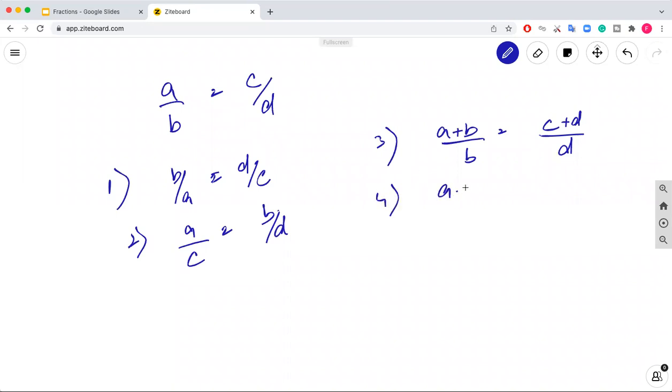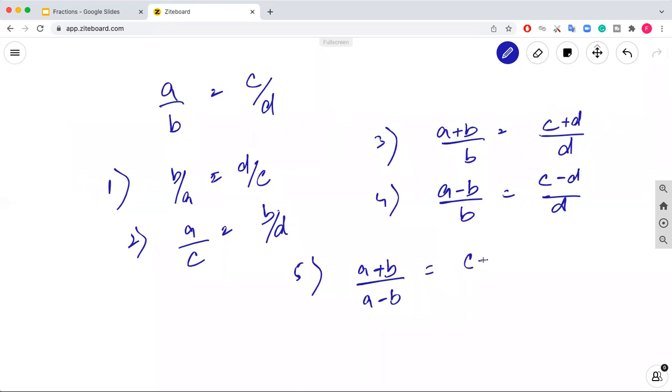And we can also write this as A minus B over B is equal to C minus D over D. And the last thing is, we can also write this as A plus B over A minus B is equal to C plus D over C minus D, right? So this is actually, please mute yourself, there is a distraction. This is actually the invertendo form.